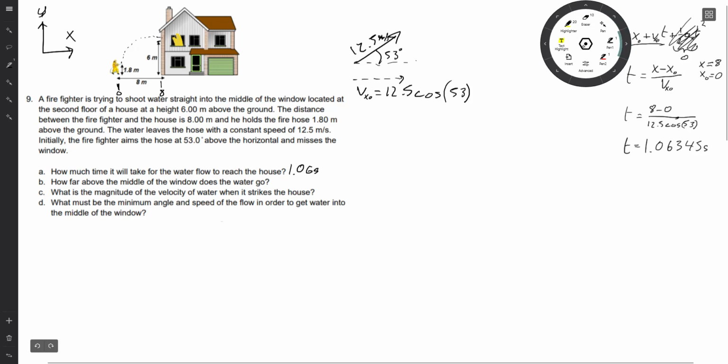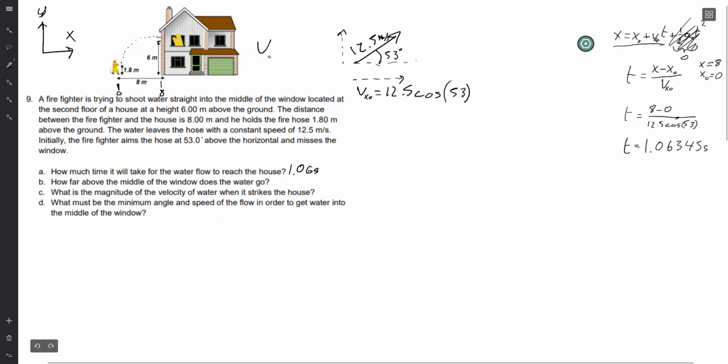And so now let's take a look at what the vertical amount is going to be. Now remember that the vertical value, Vy0, is going to be equal to 12.5, not 1.5, 12.5 times the sine of 53.